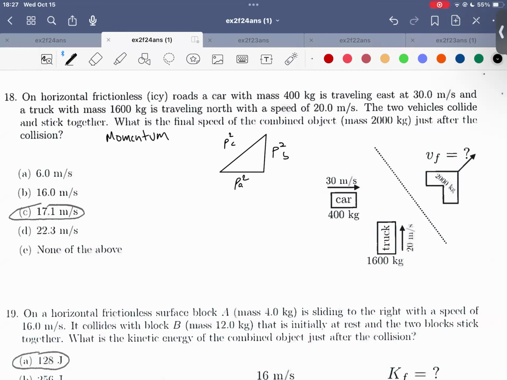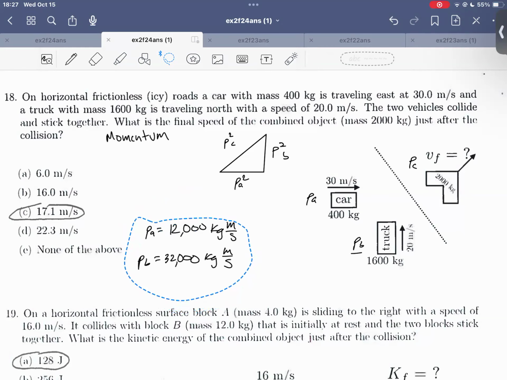So we'll say that momentum A, let's call this momentum A, let's call this momentum B, let's call this momentum C. So we'll say this 12 kg meters per second. And then our momentum B is going to be this 32. Okay. And then we'll plug that in to here.